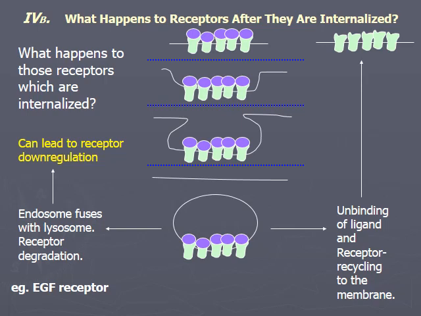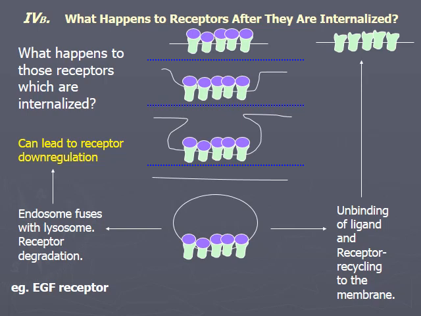But the fate of this pinched-off vesicle can be one of two things. On the left-hand side of this model, the vesicle fuses with the lysosome, the organelle that cleaves and destroys. So if the vesicle fuses with the lysosome, what happens to the receptors? They get degraded. They get destroyed.